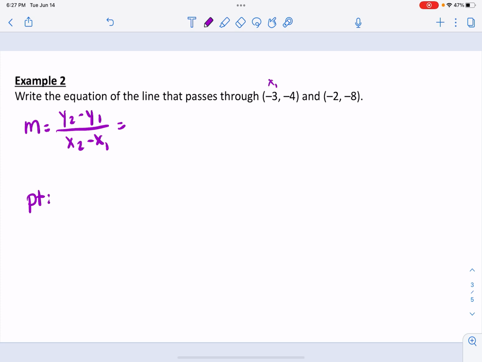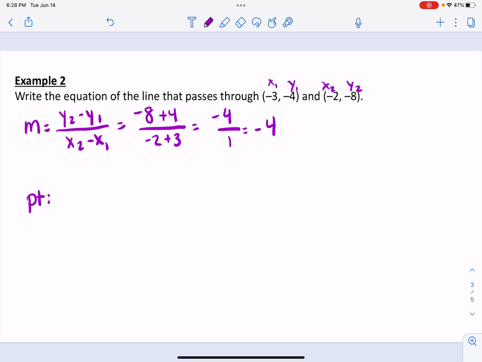I'm going to call this x1, this one y1, x2, y2. So negative 8 minus a negative 4, all over negative 2 minus a negative 3. So I have a negative 4 over 1. So my slope is negative 4.